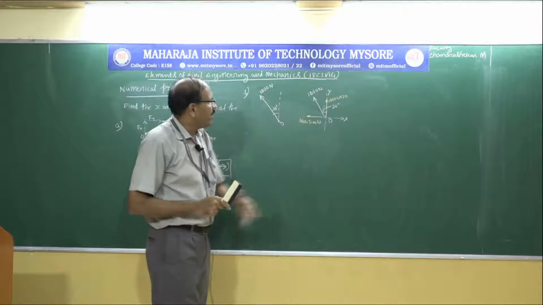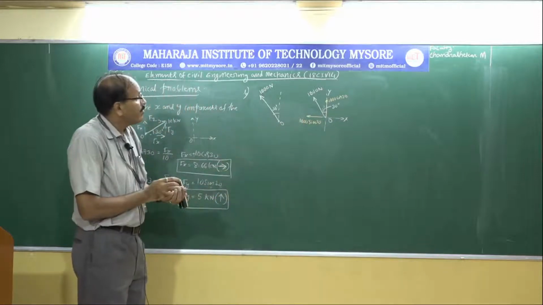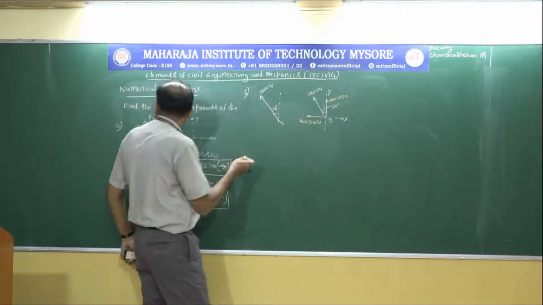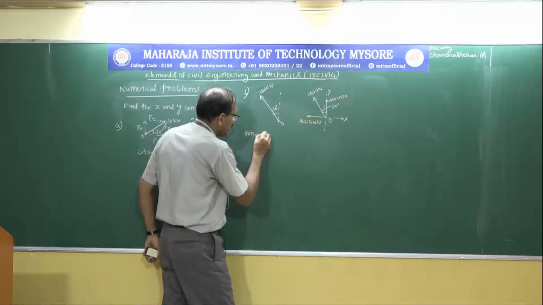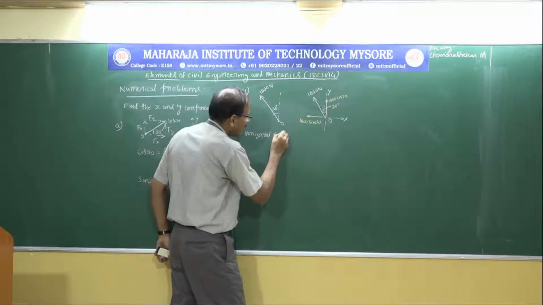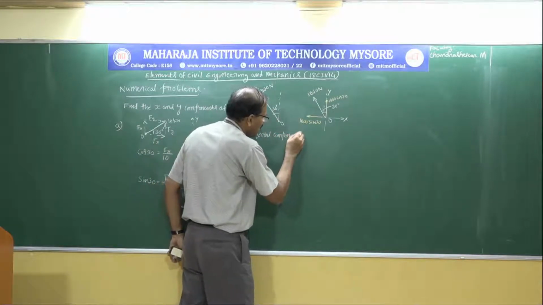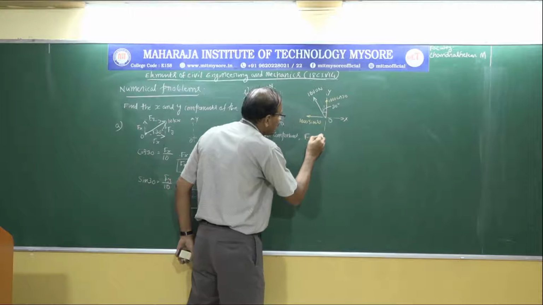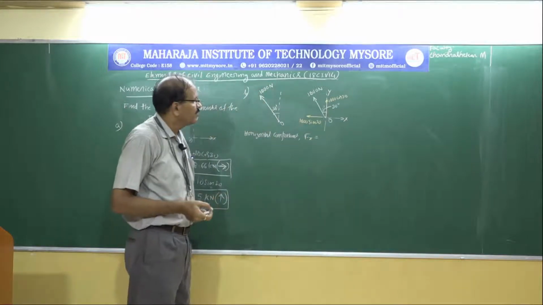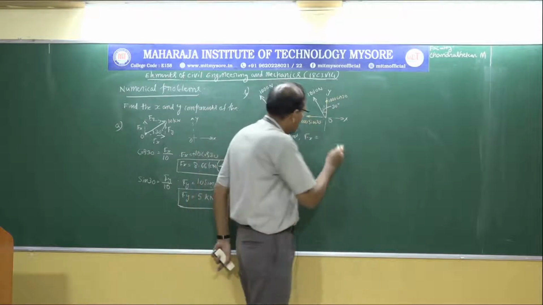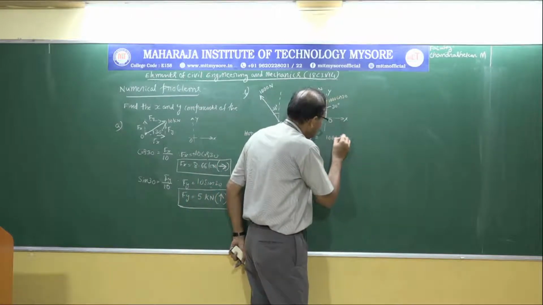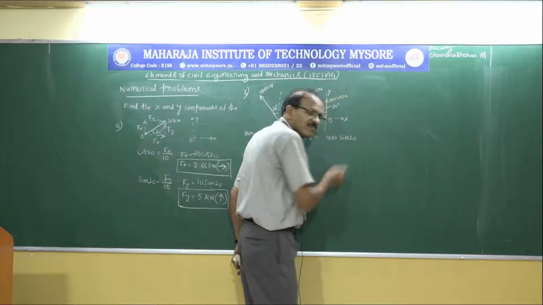Okay. So coming back to this once again. Horizontal component Fx equal to, look here, what is the horizontal component? 100 sine 30.